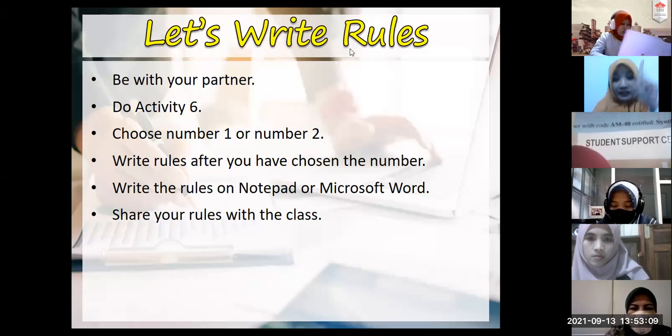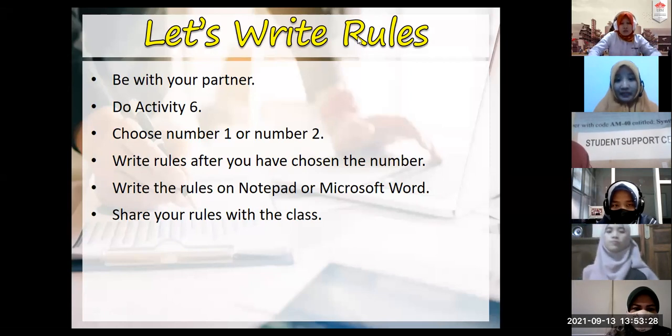Choose number 1 or number 2, and write the rules after you have chosen. If you choose number 1, please write the rules on how to write informal or formal emails and letters, and write the rules on Notepad or Microsoft Word. And then after that, share it with the class later. We can compare it with others.